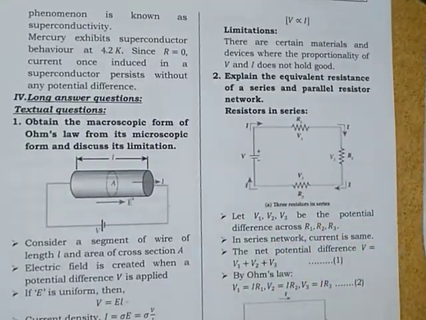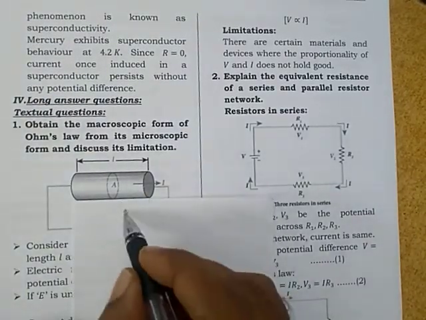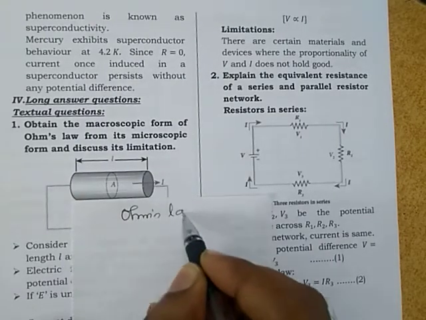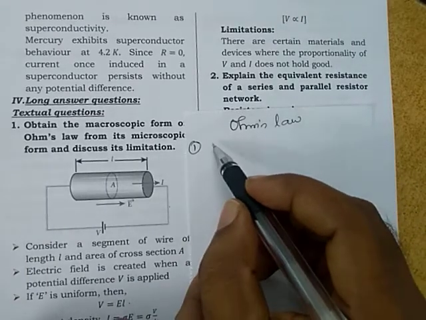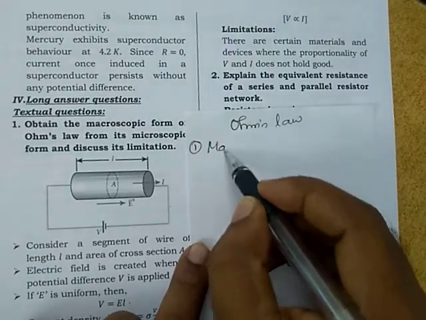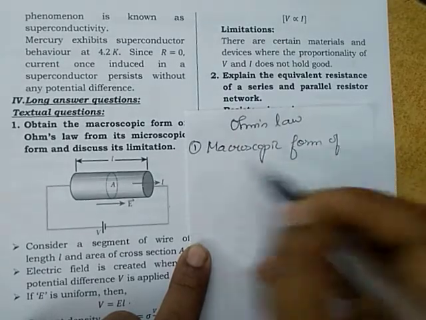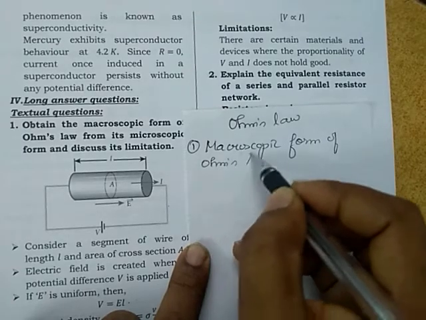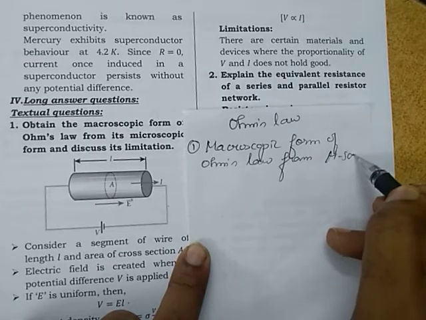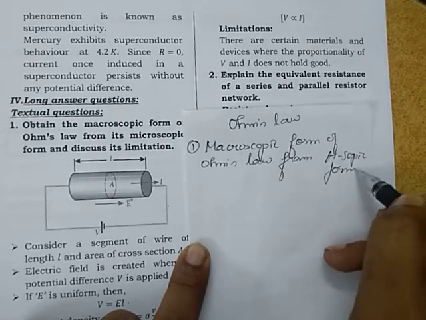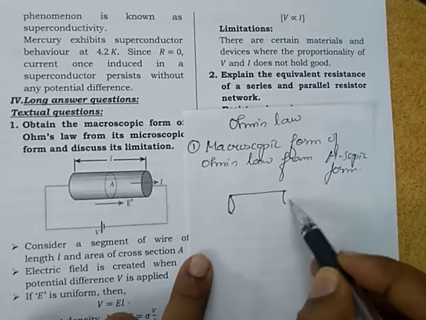Let me see what are the important things needed to answer this question. That is Ohm's law. The question is the macroscopic form of Ohm's law from the microscopic form. To answer the question, we have a conductor like this.